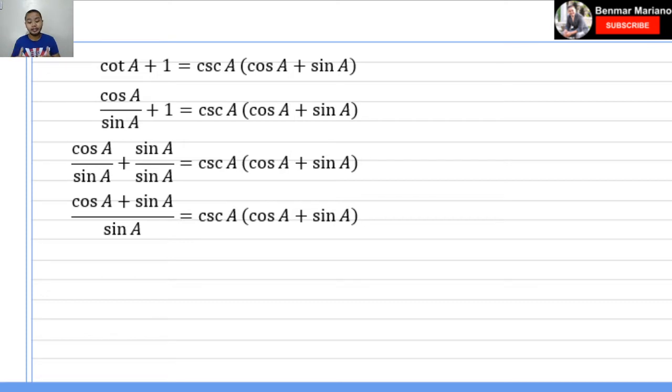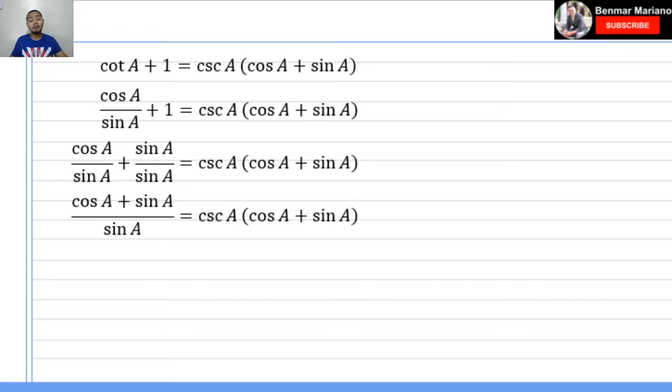Again, our goal here is that the expression on the right side of the equation and the expression on the left side of the equation must be the same. Okay. Next is I'm going to factor out 1 over sine A on the left side of the equation.